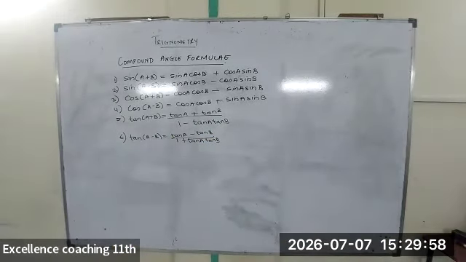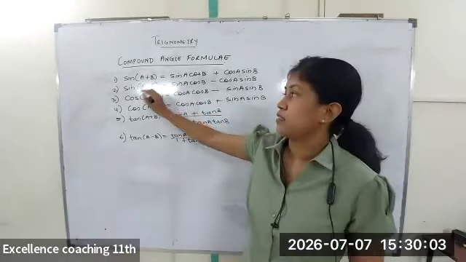So you have 6 compound angle formulae. Compound means where A is a different angle, B is a different angle.